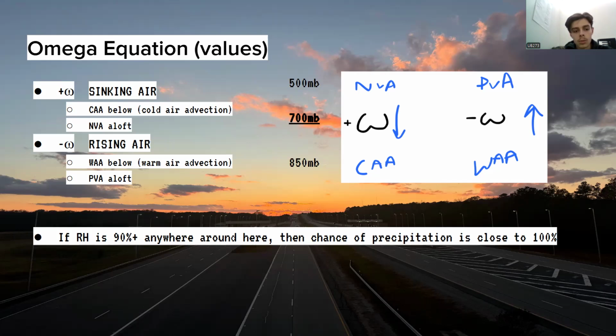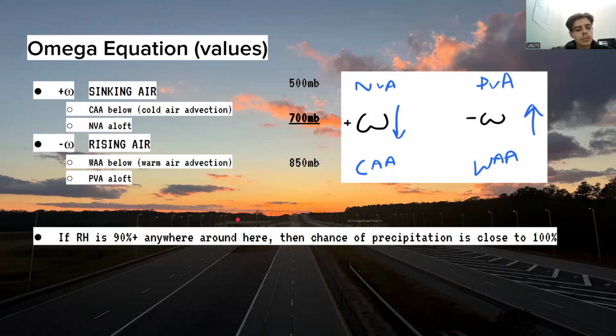We can think about what would happen above and below for both of these. Above a positive omega value, where there's sinking air, there's going to be negative vorticity advection, and below, cold air advection. That's what CAA means, and that's at the 850 level that we'll talk about in a second. That would make sense: sinking air, if a particle is cooler than its surroundings, it will sink.